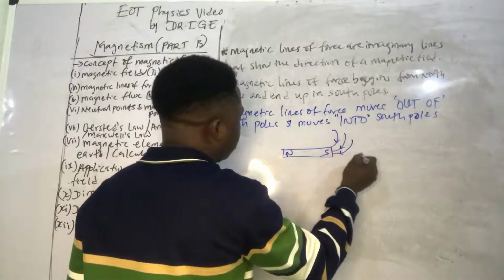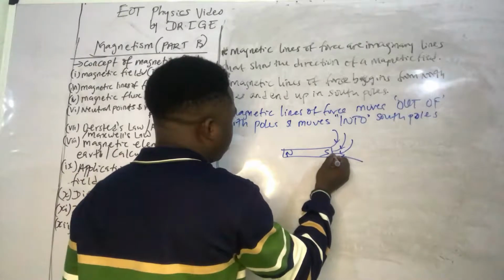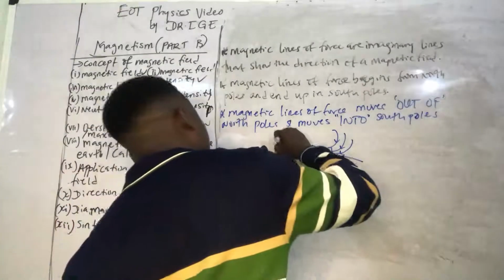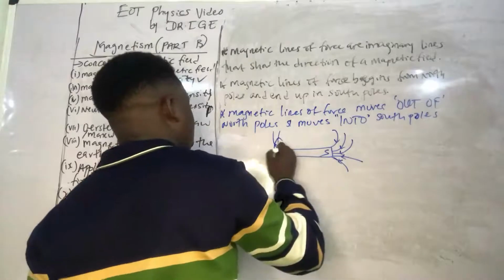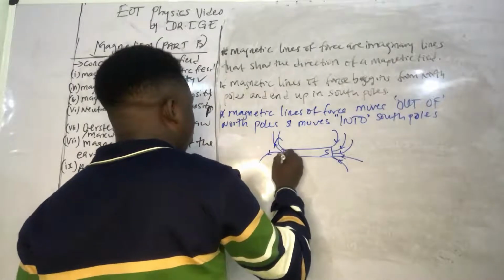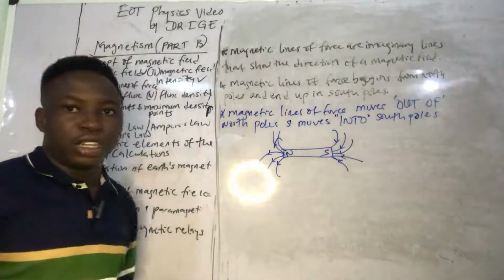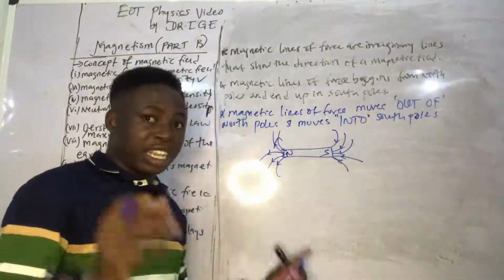Like this, like this, like this. See, then you have something like this also. Okay, like moving out of north poles. Hope you can see.